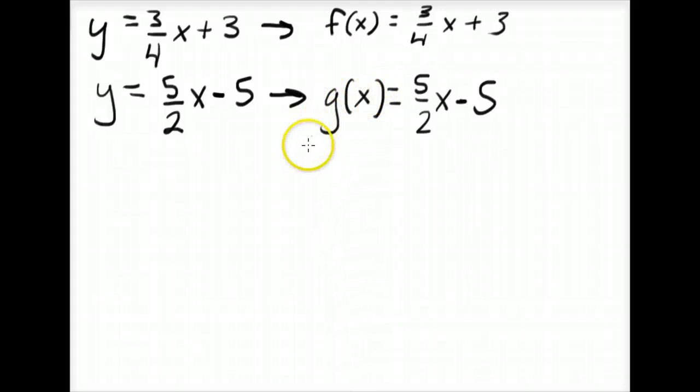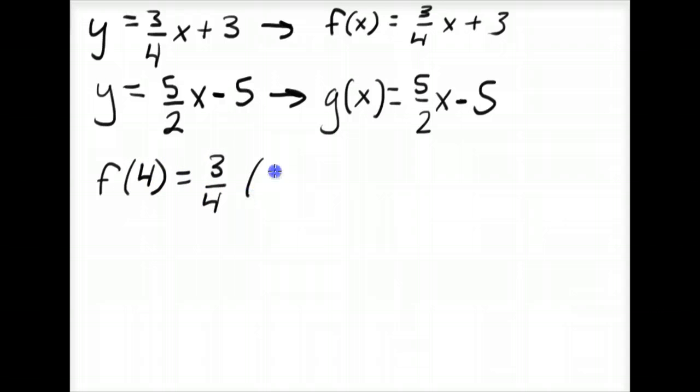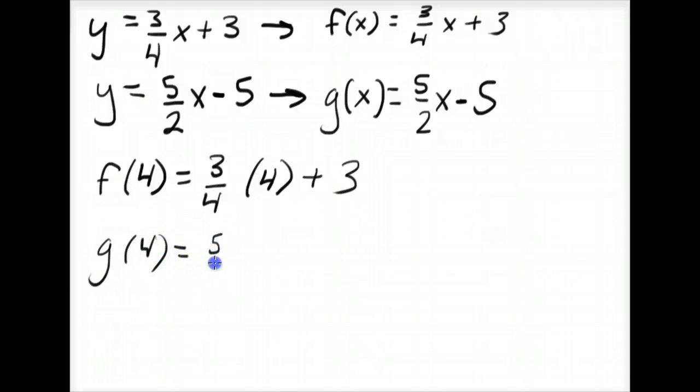This f parentheses x is pronounced f of x, while g parentheses x is pronounced g of x. So now we can evaluate both functions when x equals 4. In this notation, f of 4 would represent 3/4 times 4 plus 3, while g of 4 would equal 5/2 times 4 minus 5.